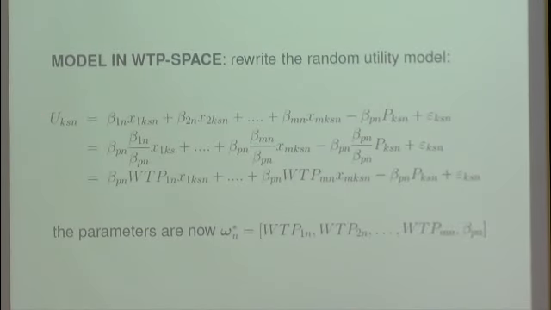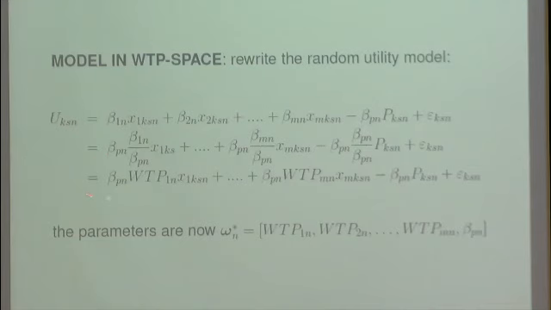So this is the original utility function with person dependent betas. What you can do is multiply and divide each parameter by the price parameter, and then you have an expression in the WTPs and in the price parameter of everybody.